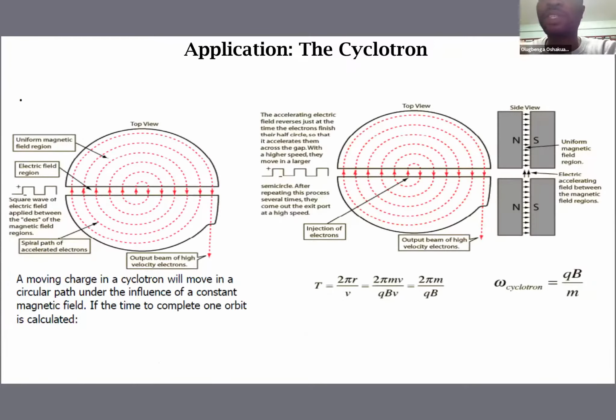The same thing is described here. It is just the same thing as what I've said. The particle will enter through this disk. The disks are actually called Ds, so the plural is Ds. Once you launch a charged particle through the center, there is a potential difference set up between the Ds.